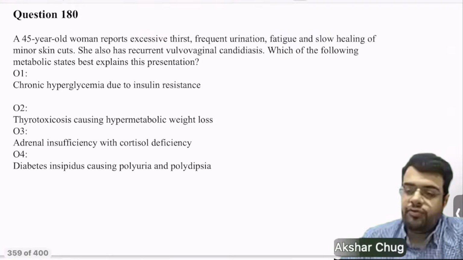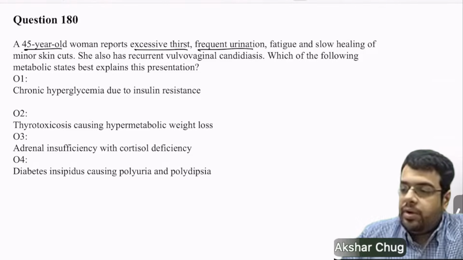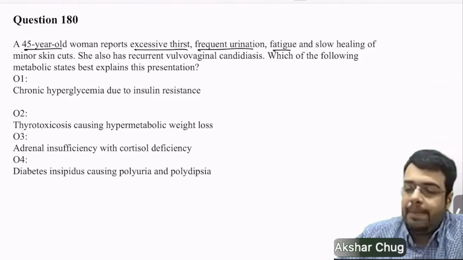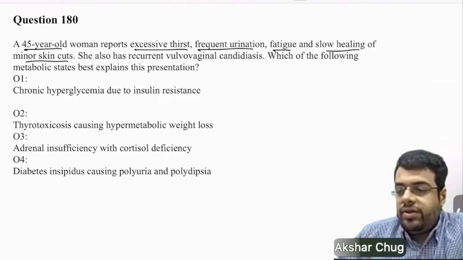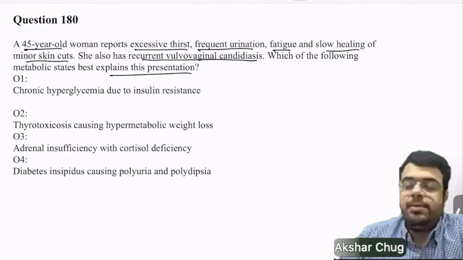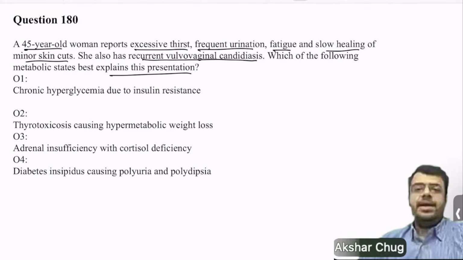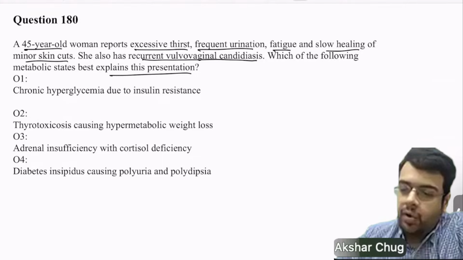Question 180. A 45-year-old woman reports excessive thirst, frequent urination, fatigue, and slow healing of minor skin cuts. She also has recurrent vulvovaginal candidiasis. Which of the following metabolic states best explains this presentation? This is a classical presentation for diabetes. Chronic hyperglycemia due to insulin resistance seems correct.